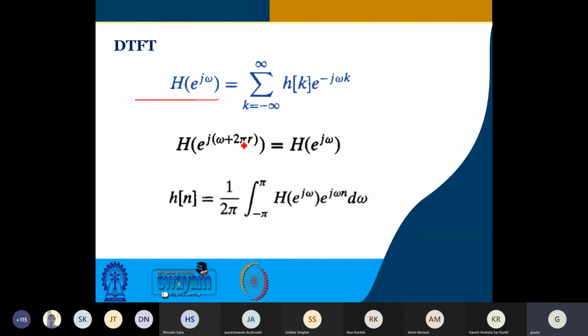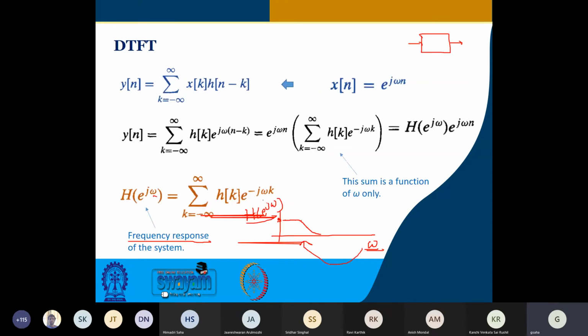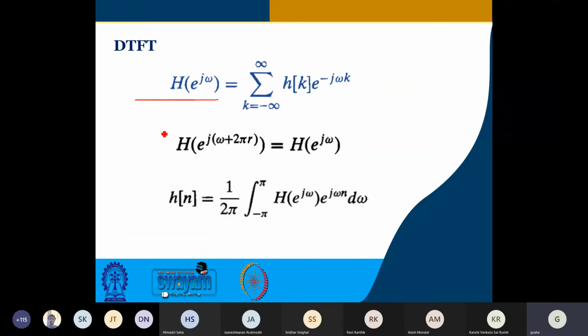Now, one thing we can understand, because of the periodicity, is that if you substitute in this equation, instead of omega, omega plus 2 pi r, where r is an integer, the value will be the same. So H of e to the power j(omega plus 2 pi r) is the same as H of e to the power j omega.